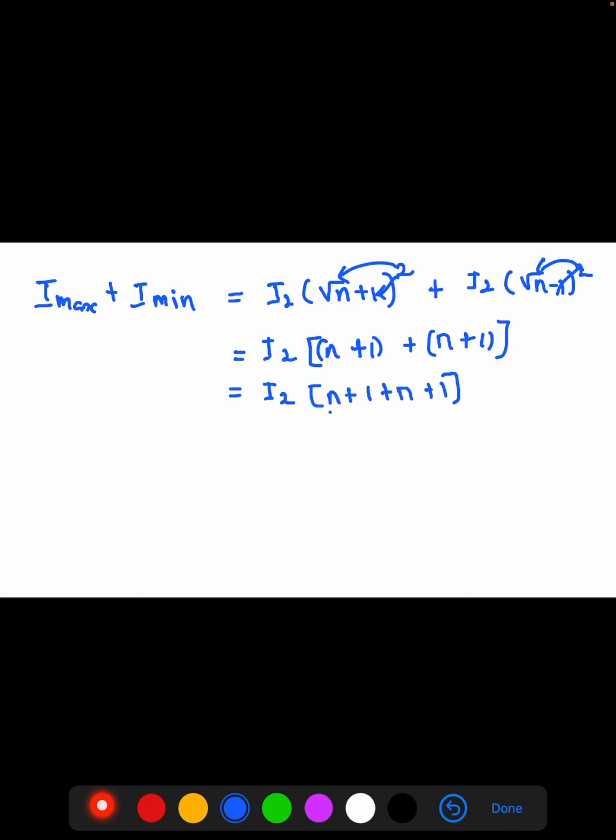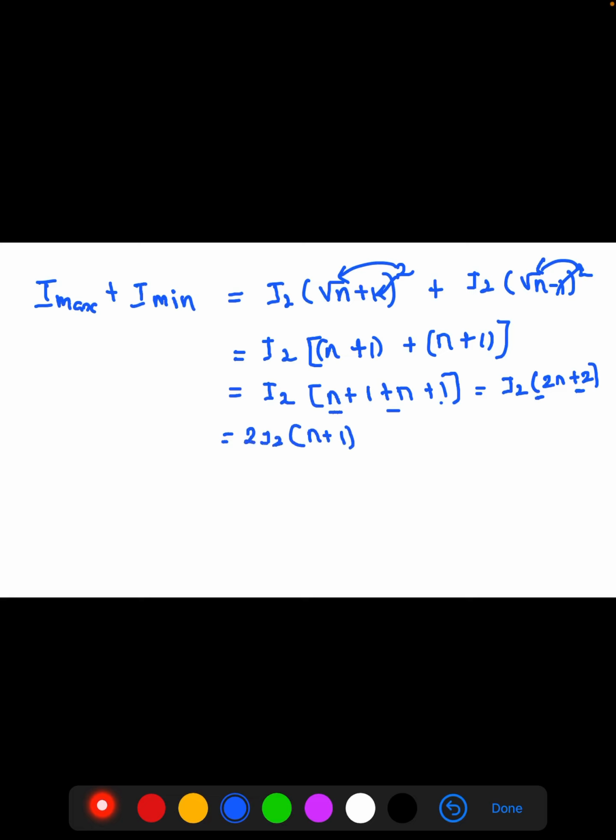You have 2 n's, so you can write I2 in the bracket 2n plus 1 plus 1, that is 2. You can take this 2 from the bracket: 2 I2 in the bracket n plus 1.